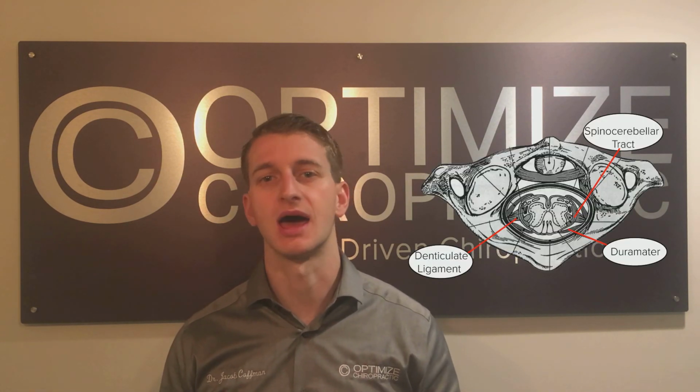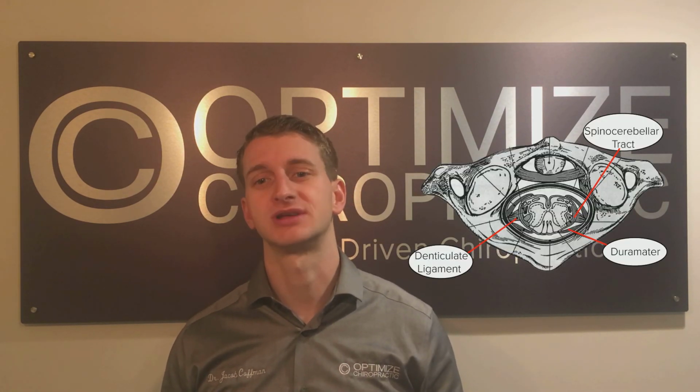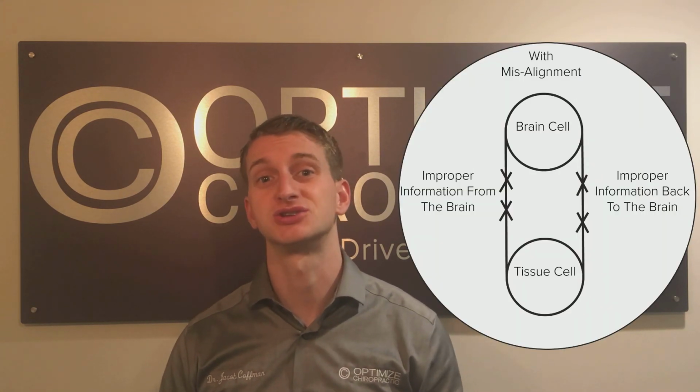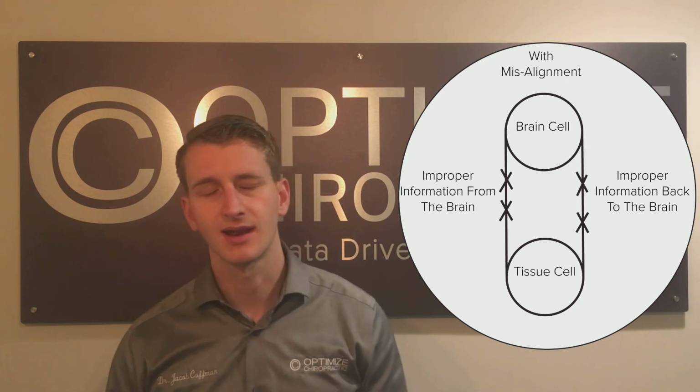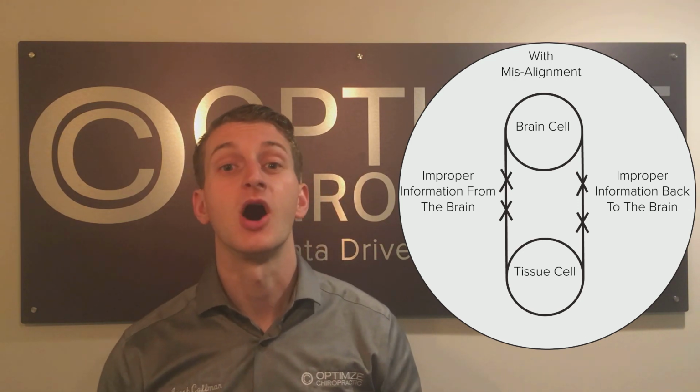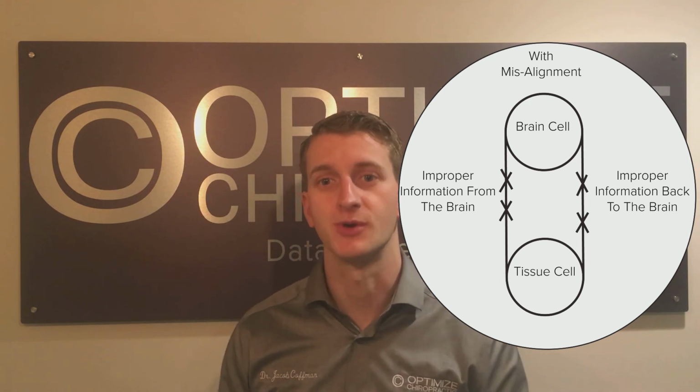When looking at the lateral spinocerebellar tract, the one closest to the denticulate ligaments, when you have a structural misalignment, you have direct irritation on the tracts. So the tract sends incorrect information to the brain. Think of it like a bus jumping on the highway from an on-ramp that's supposed to be closed.